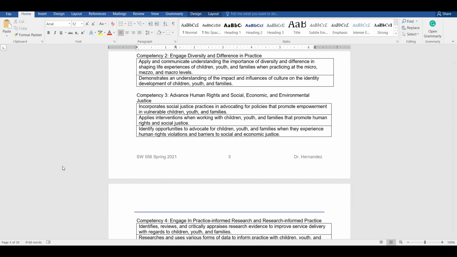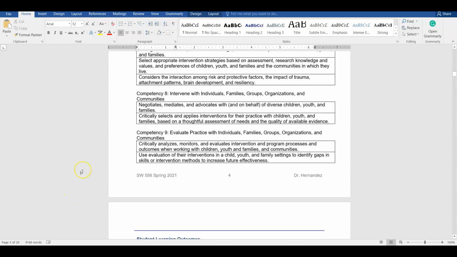I hate to put it this way because I want you to do more as opposed to less. But if you at least have an idea of the nine competencies, and maybe you don't know that competency number 9 is evaluate practice with individuals, families, groups, organizations, and communities, but you do know that that particular one is a competency.